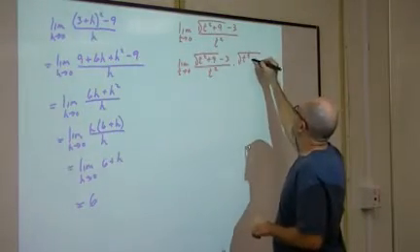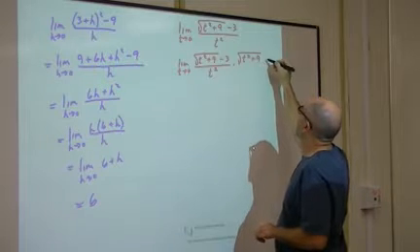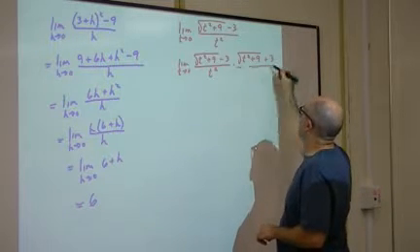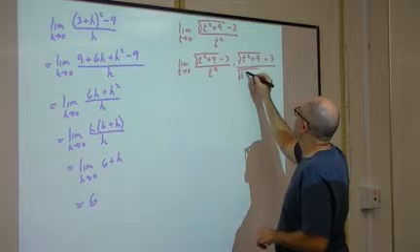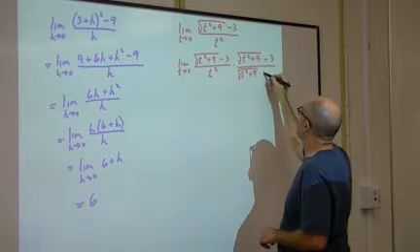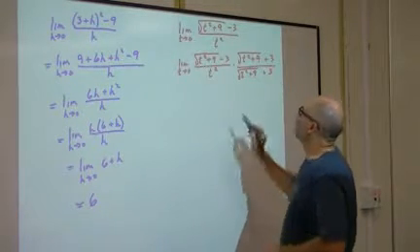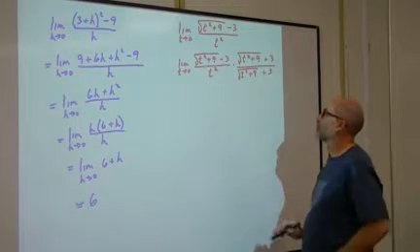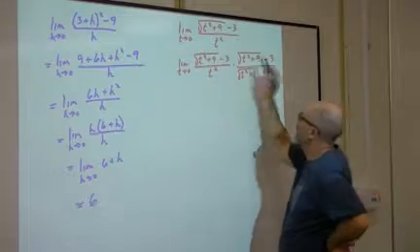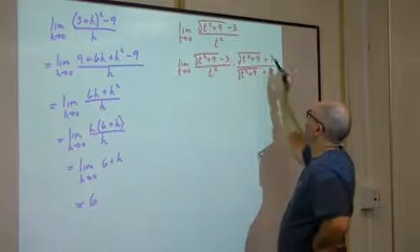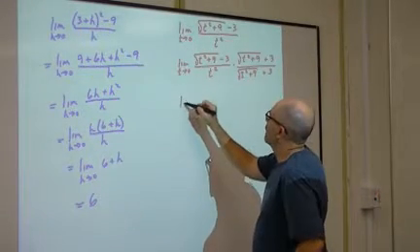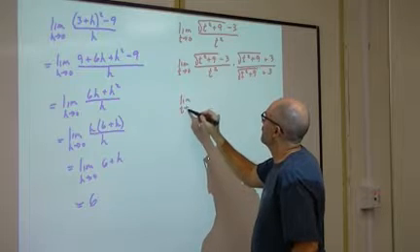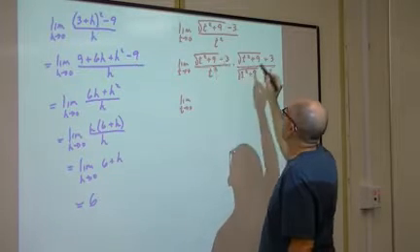So square root of t squared plus 9 plus 3 over square root of t squared plus 9 plus 3. So notice the conjugate, radical minus 3, the conjugate is radical plus 3. Okay, now when I do the a minus b times a plus b, I end up with limit as t approaches 0 of a squared minus b squared.